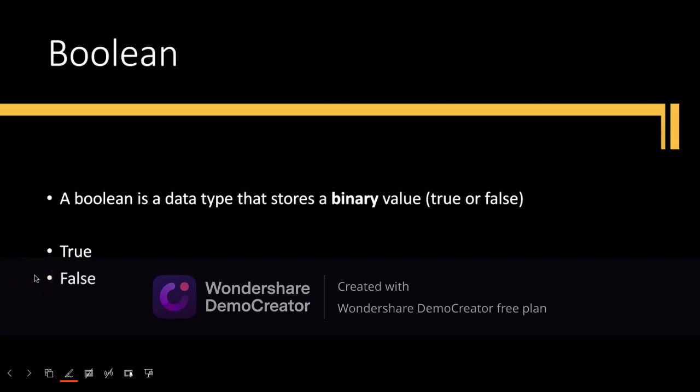So there are two values for a piece of data that is a Boolean, and these are true or false. You can think of true as being on and false as being off.